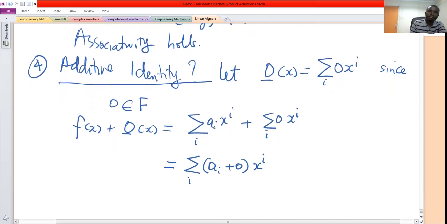And you see, this is the same as the summation of a_i x^i.